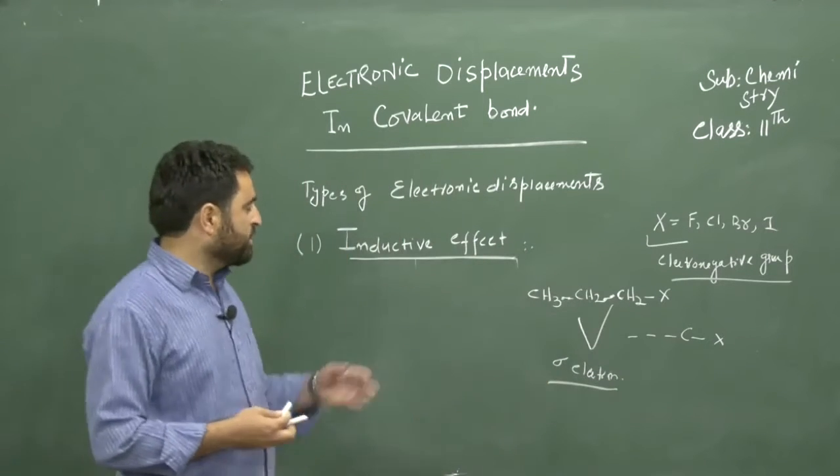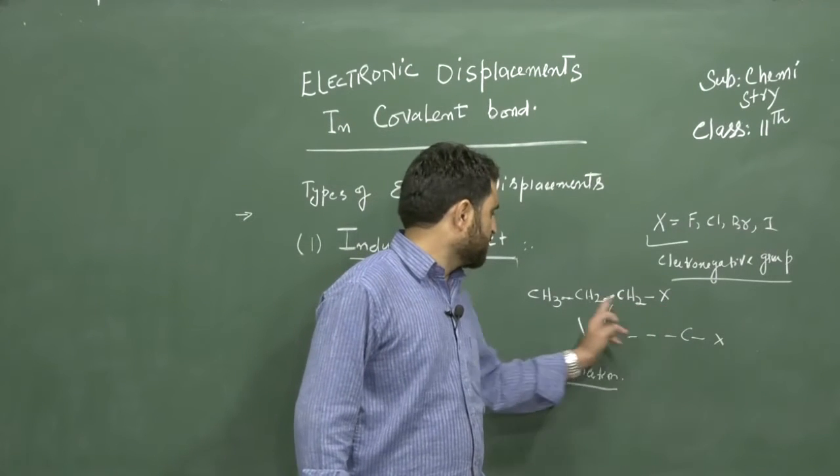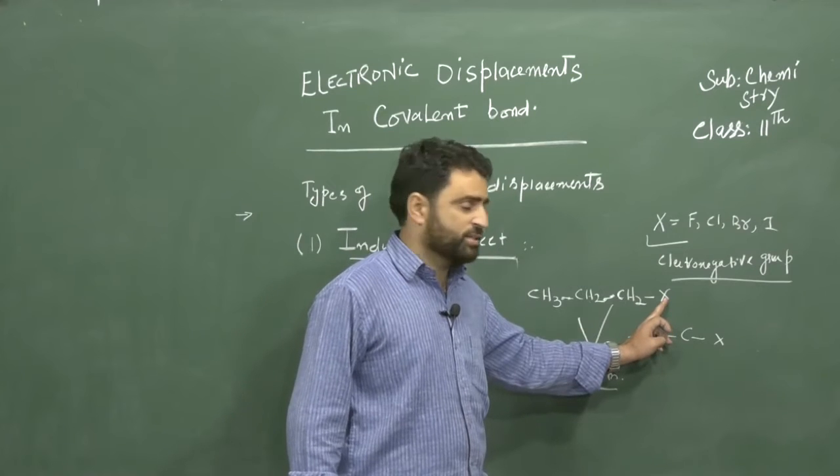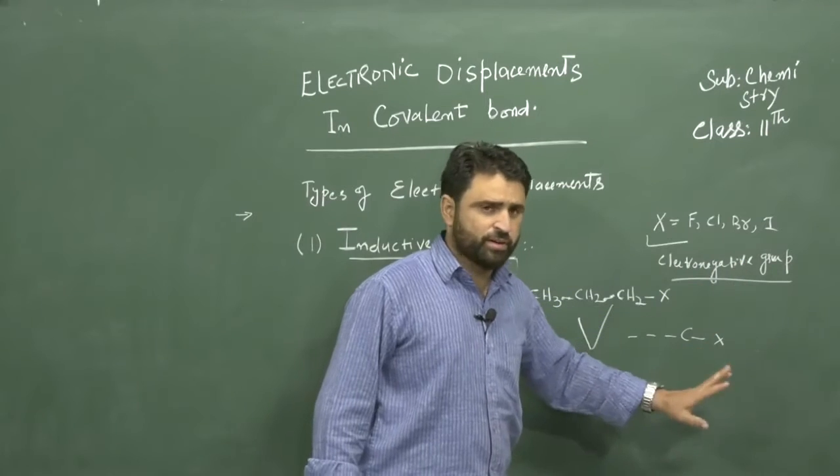What is now the inductive effect? When a more electronegative atom is attached to one of the carbons, I attach here this X, which is more electronegative. It can be fluorine, chlorine, bromine, iodine, whatever.